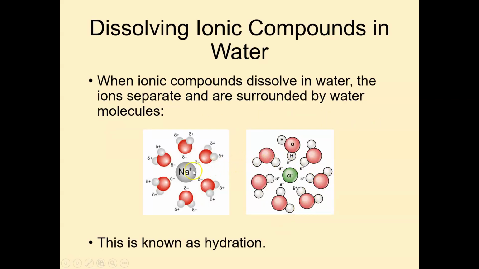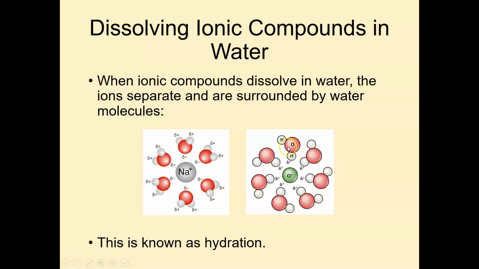Here are a couple of images that were in a previous slide presentation. The first thing I want you to think about up front is that when ionic compounds dissolve in water, the ions separate from each other and they're surrounded by water molecules. This is the last time you're going to see an image in which the water molecules are around the ions.